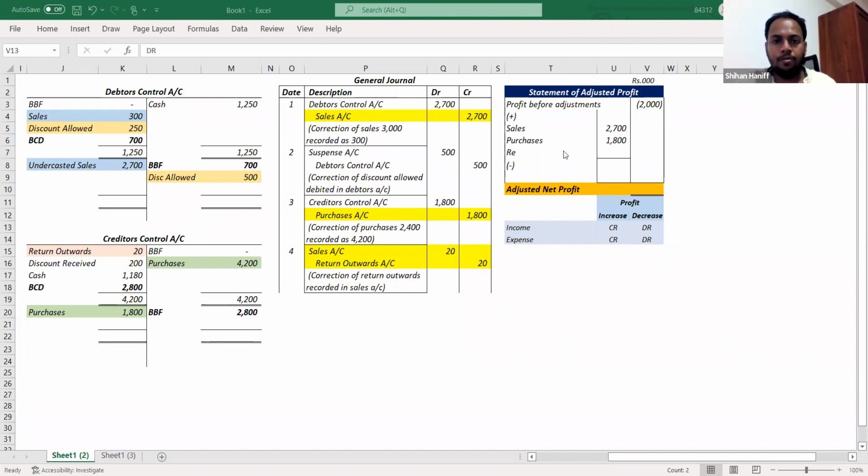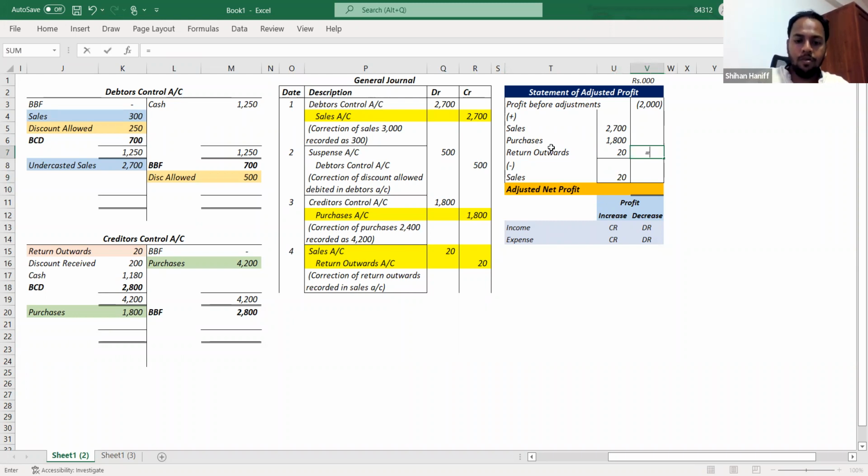Okay. Now the next part is return outwards. That is also a credit entry, therefore plus. There is only one debit entry, and that is sales, which is 20.